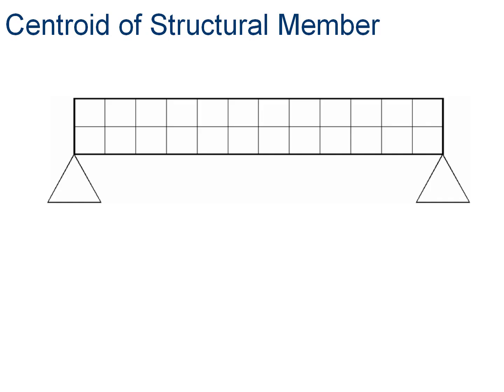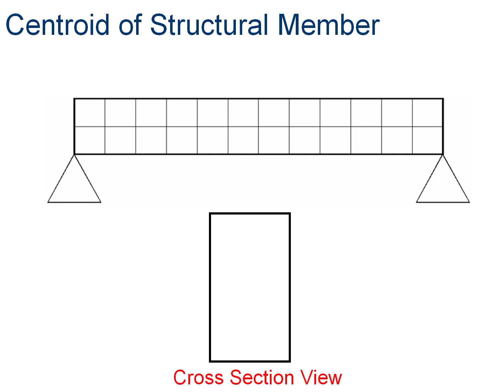So let's look at this particular piece. Here I've got a beam supported, and there's the cross-sectional view of it. It just looks like a rectangle. Now the centroid of this is located right across the middle of it.